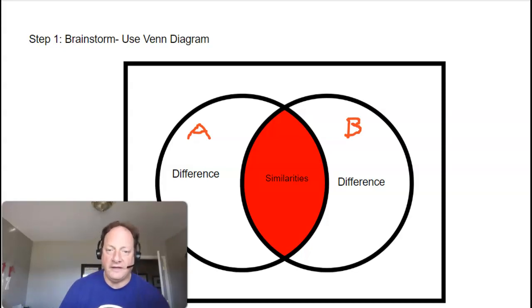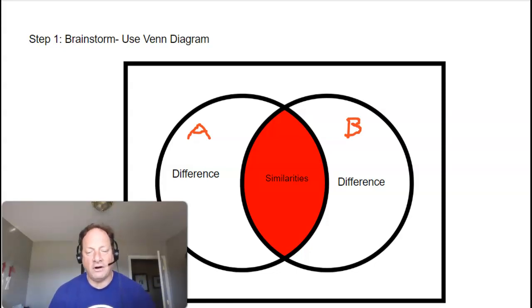I want you to think about article A. How was article A different from article B? And I would maybe do some bullet points down through here and just simply write out some of the differences that you saw in article A.